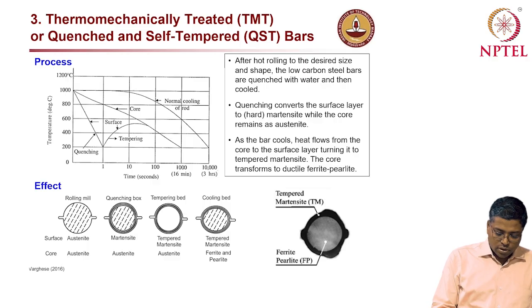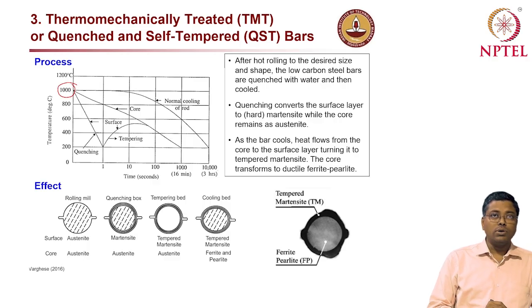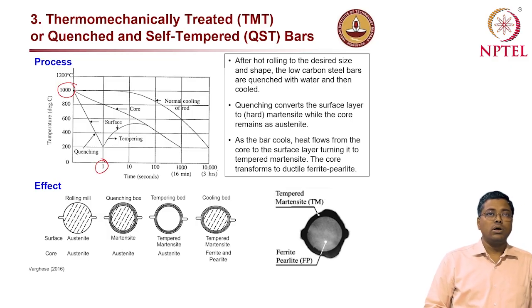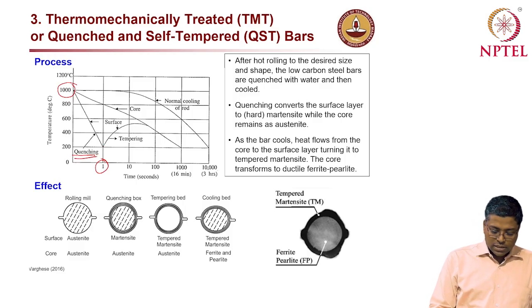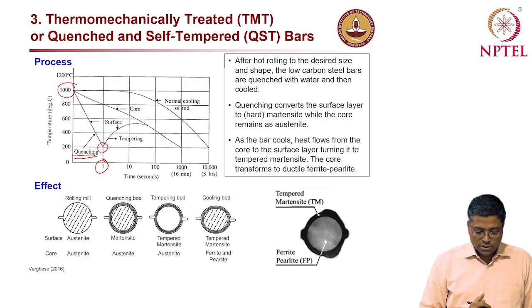In the manufacturing process of this type of steel, initially the temperature is around 1000 degrees Celsius, and within 1 second, this is in a log scale, the horizontal axis is in log scale here, because of the quenching process, the steel surface temperature reaches about 200 degrees. That's about 800 degree reduction in about 1 to 2 seconds.